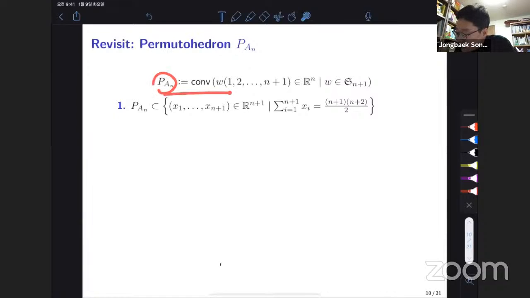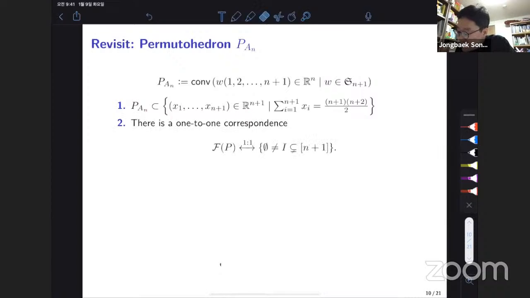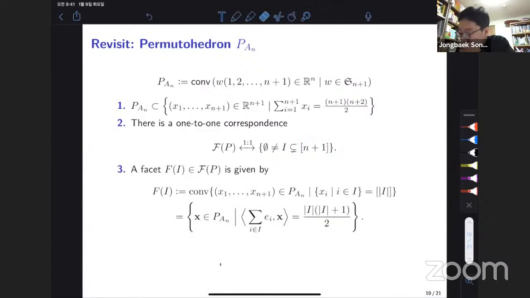So this is the definition of the permutohedron of type A, an n-dimensional polytope sitting inside this hyperplane, an affine subspace in R^(n+1), and there's a one-to-one correspondence between the facets and the non-empty proper subsets of the (n+1)-element set. The facets are given by the convex hull of some points, or you can describe each facet by some defining equation.